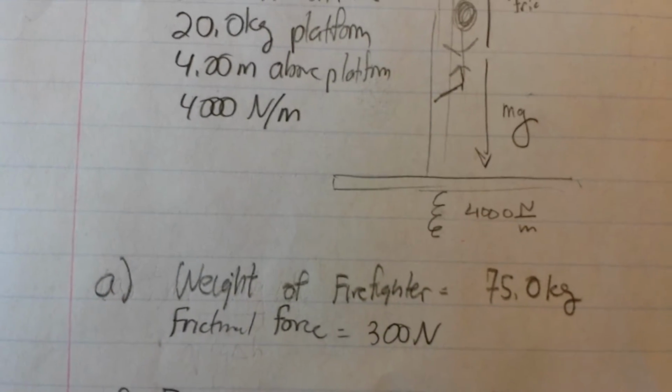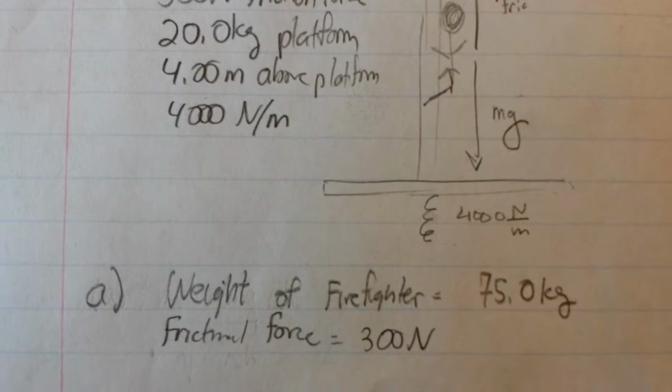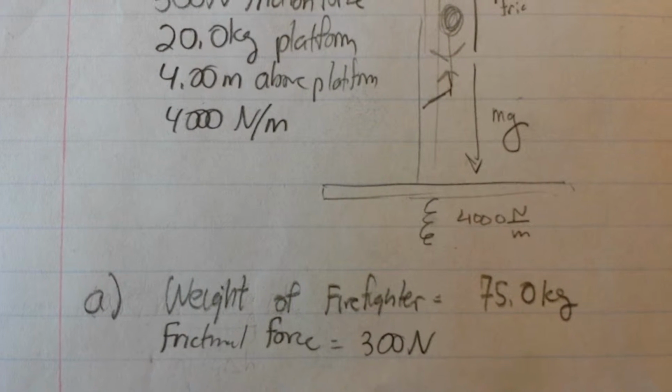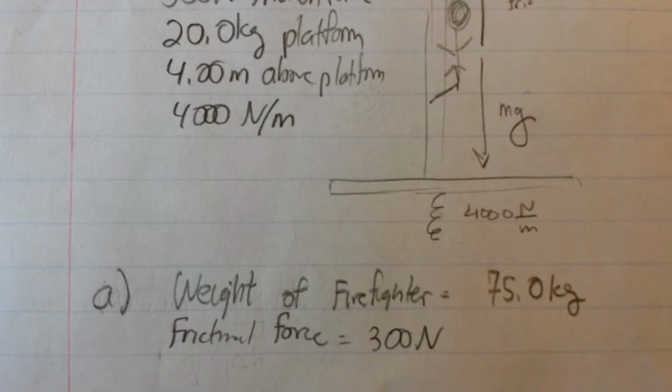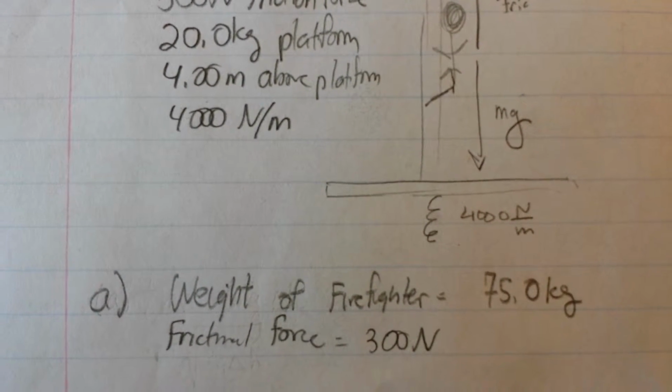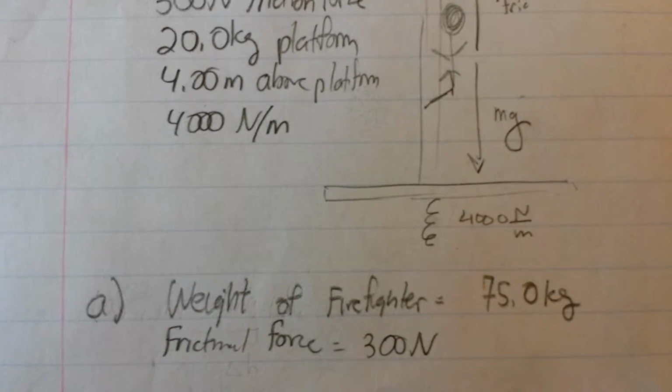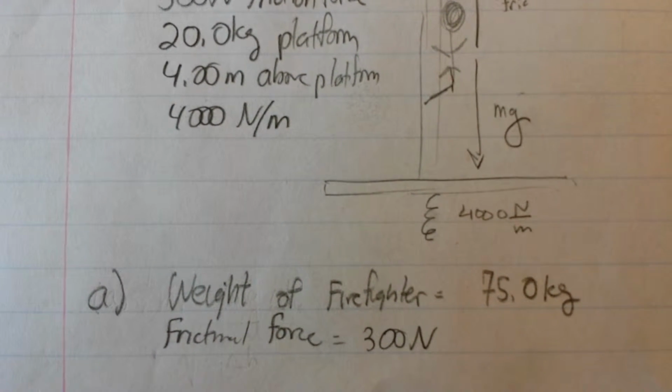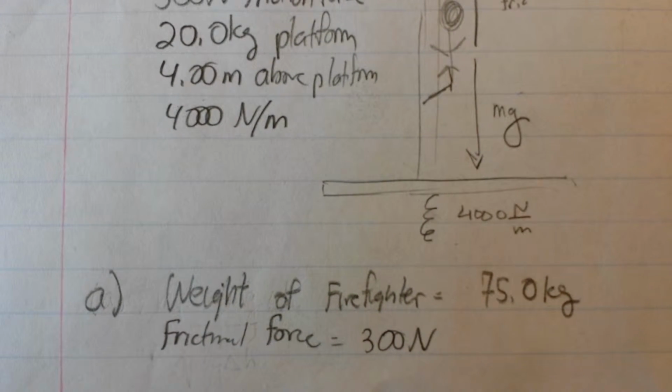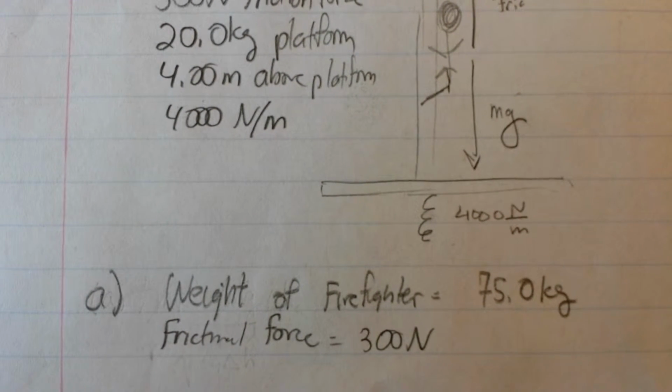So the upward acceleration can be found using Newton's second law. And in order to use Newton's second law, first you must find the force and the mass. So the mass is given as 75 kilograms for the firefighter, and the force is 300 newtons.